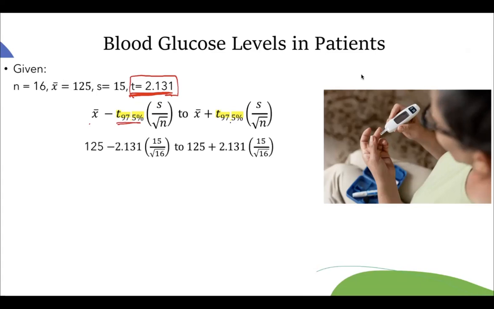Even though we put into our calculator 15 for degrees of freedom, that's 1 less than the sample size, the formula still asks for the actual sample size, so we're going to put in 16 here. And then we're going to evaluate this the way we would any confidence interval, like in the previous lecture. We're going to go to our calculator, plug this in, and get our lower and upper limits.